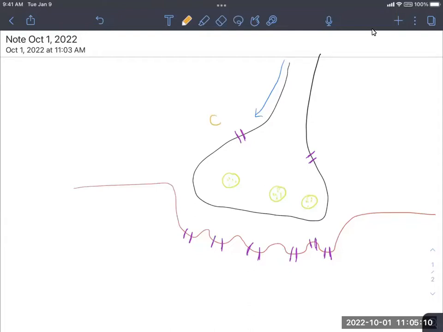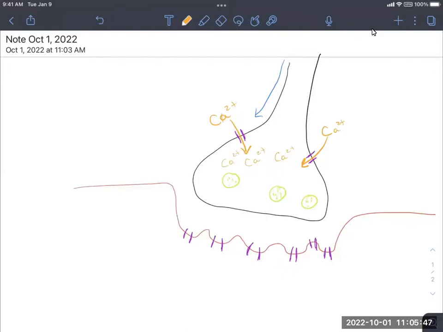I've got calcium out in the extracellular fluid here. As this action potential comes down the nerve, that is going to cause calcium to flow into this neuron, this axon terminal.